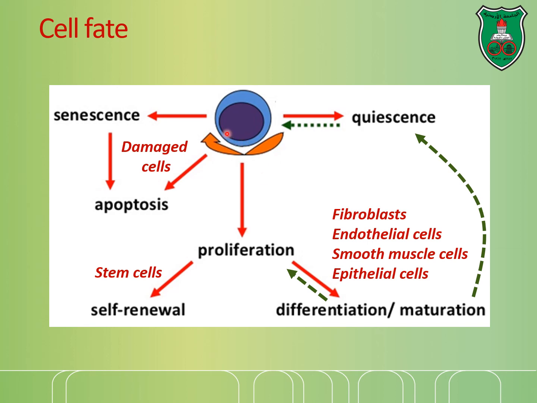Now, some cells go through senescence. This is a case where cells are asleep. That is, they do nothing. There is hardly any metabolism, as if they are dead, but they're not dead actually. Now, these senescent cells can eventually go through apoptosis, or cells can go through apoptosis directly. So these are the different fates of cells.